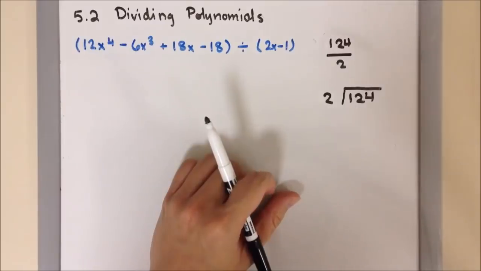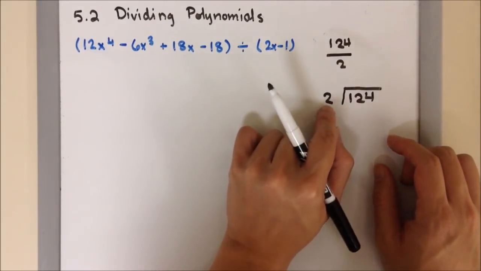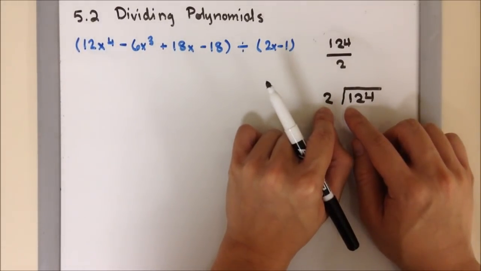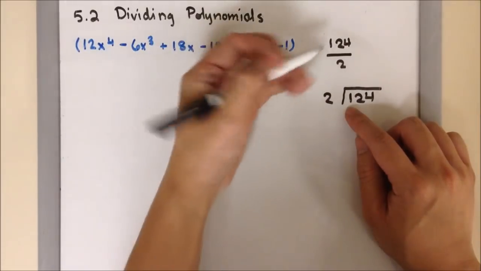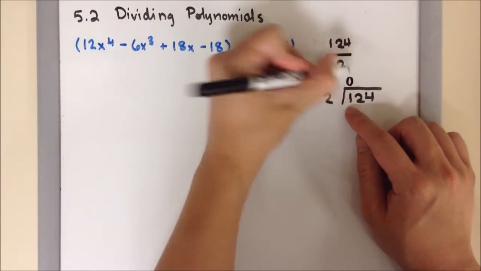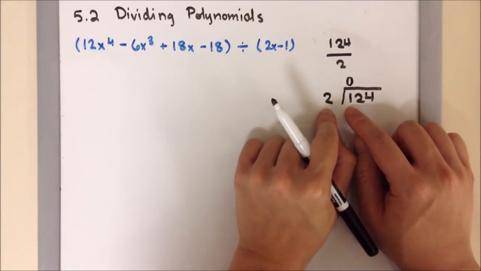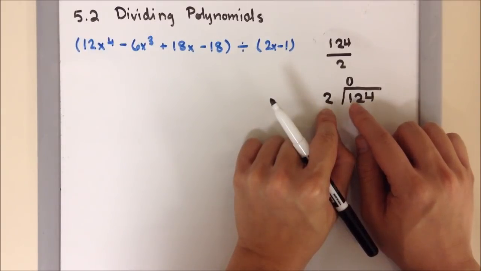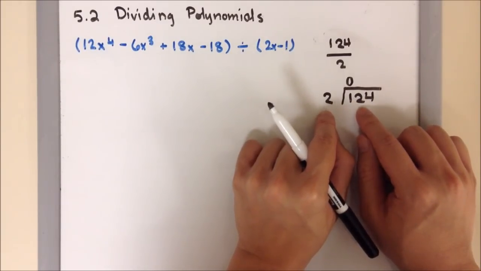Now you would ask, the 2, how many times would it go into 1, which is 0, because 2 is greater than 1. So now, instead of 1, let's say 12.